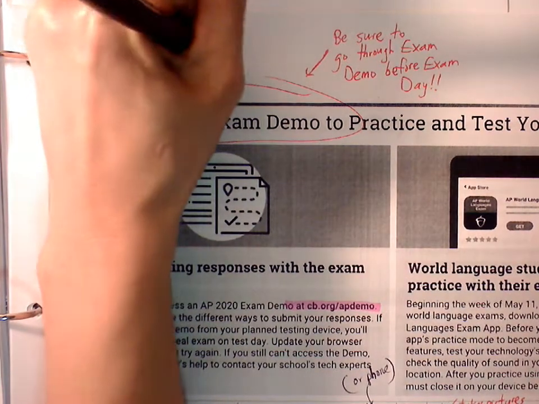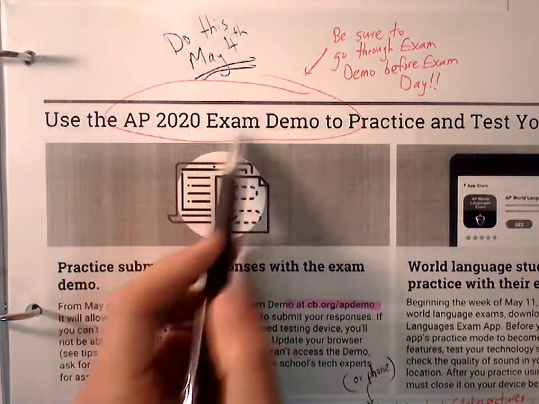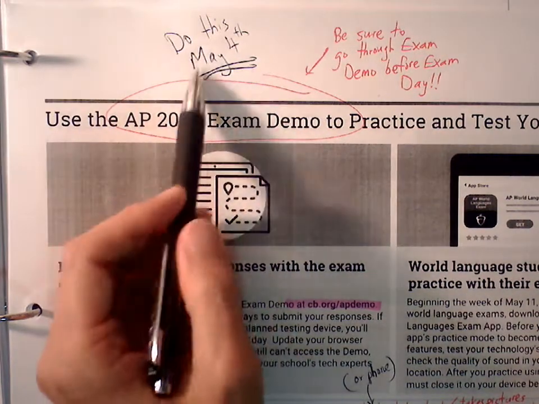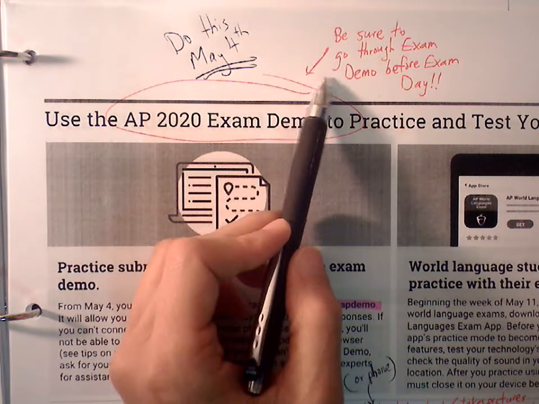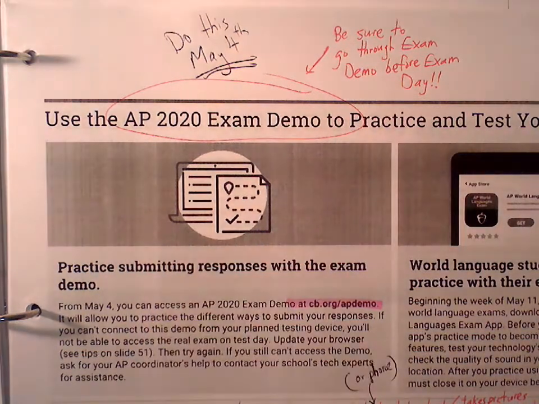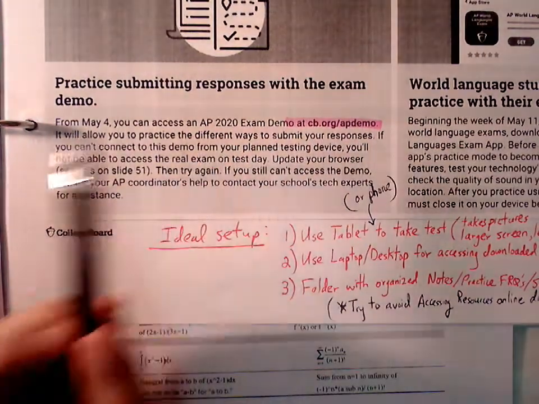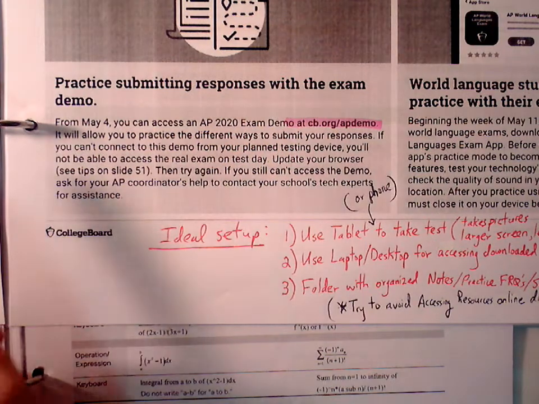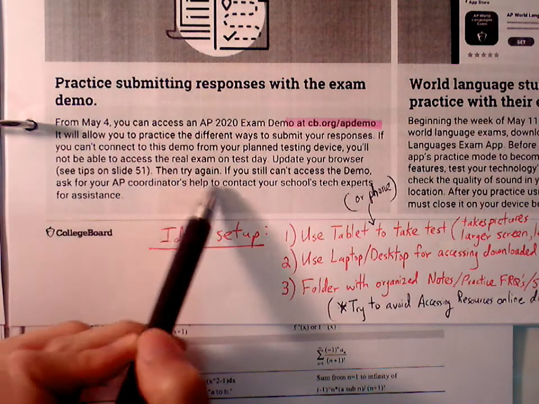That way, if you have any questions that stem from this AP exam demo experience, we can address them Tuesday the 5th, when I have that Zoom session with you all. So you're going to go to cb.org AP demo on the 4th, or if you want to try that trial version on Friday the 1st, you can do that.